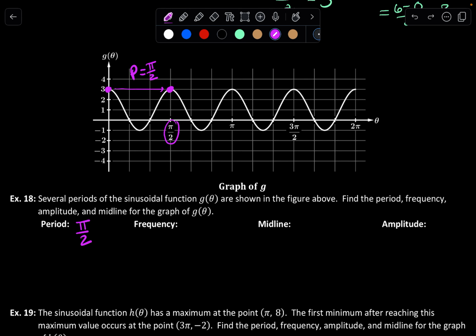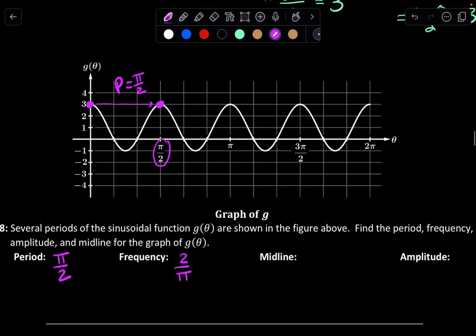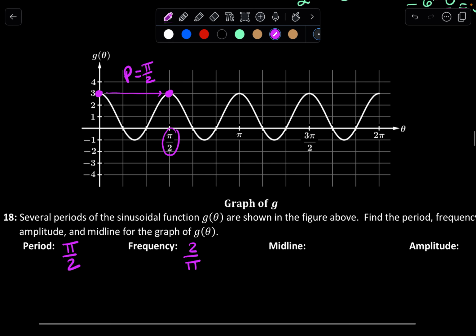Frequency is going to be the reciprocal of the period. So we get 2 over pi, which makes sense, even though it's set up a little bit weirder than the other ones. This is saying that for each pi, we will have 2 events, okay? Let's look at the maximums.